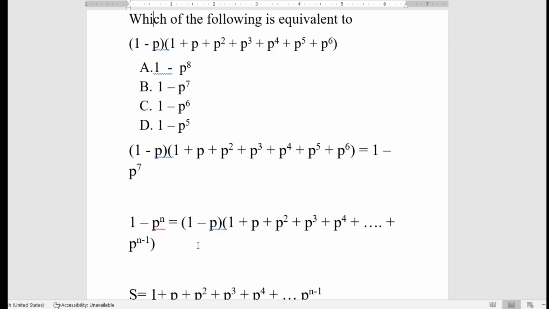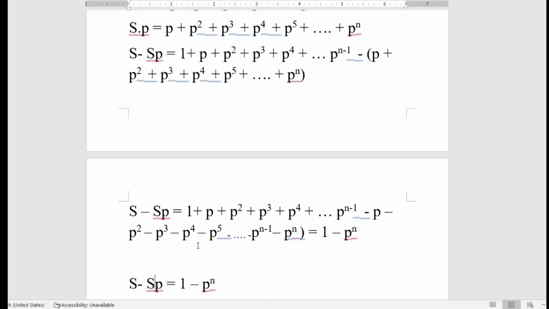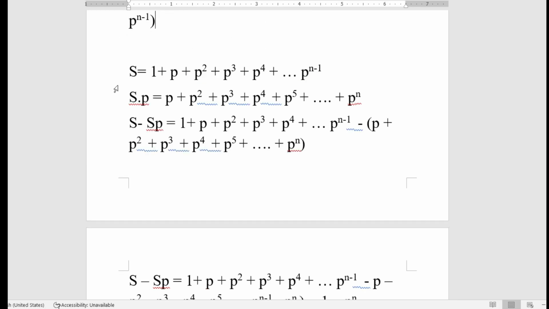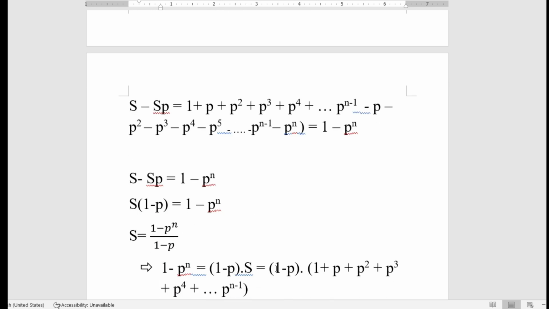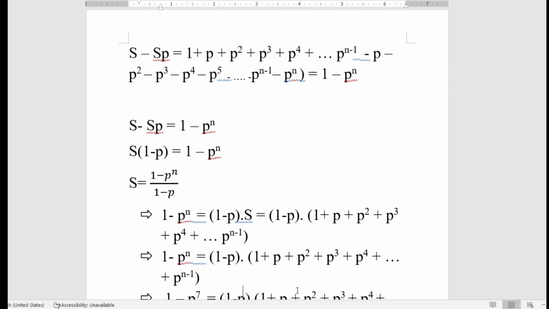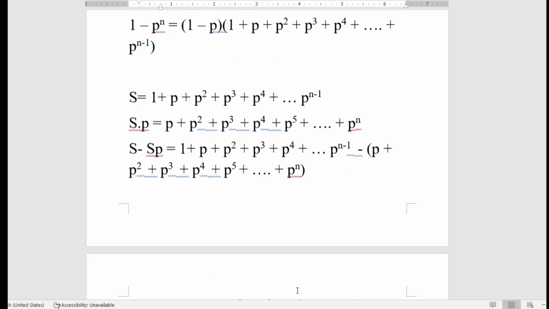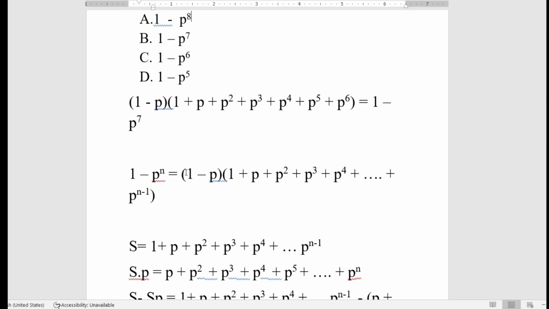And in case you forget this formula, you can do it like me: you multiply both sides, the left side and the right side. You have this. Or you can memorize it in a direct way: 1 minus b to the power of n is like that. And you replace n with 7 and you will have this.